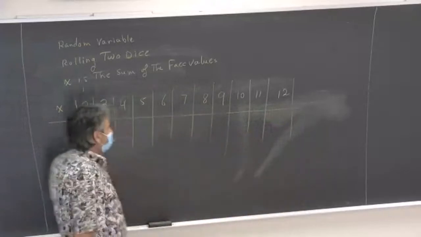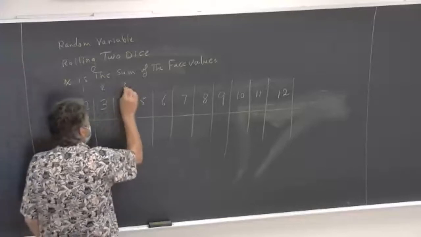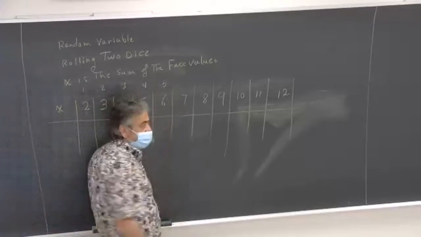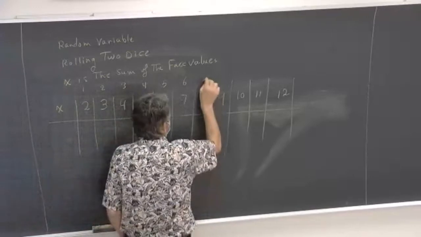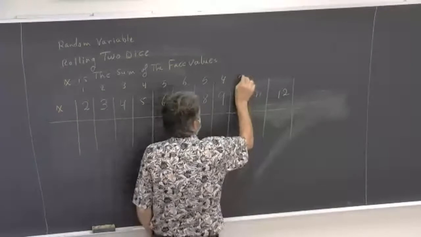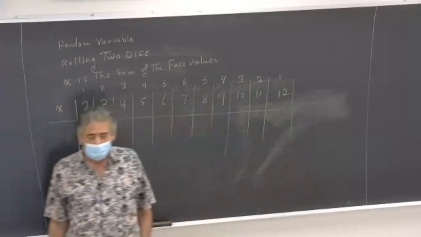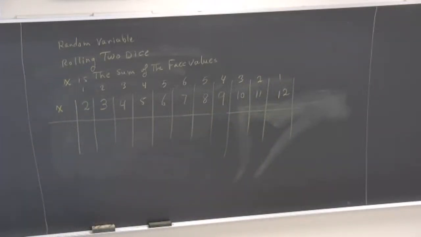Yeah? So let's write them down. There is one way of doing 2, 2 ways of 3, 3 ways of 4, 4 ways of 5, 5 ways for 6, 6 ways for 7, and then 5, 4, 3, 2, 1. So these are all the possible ways you can get each of those numbers. Okay?